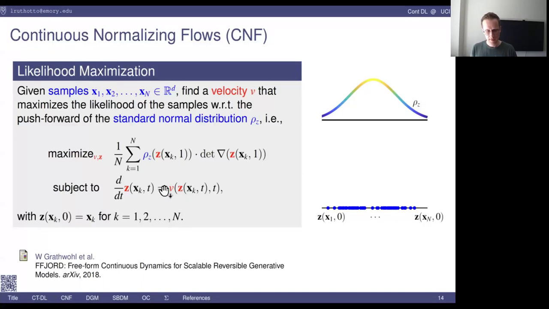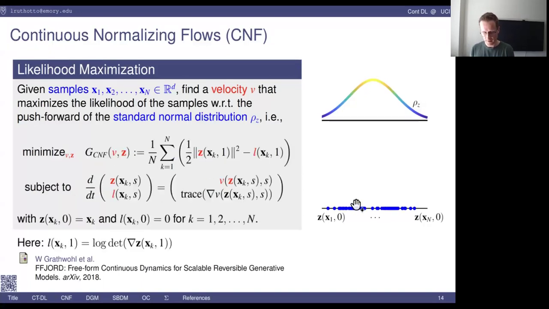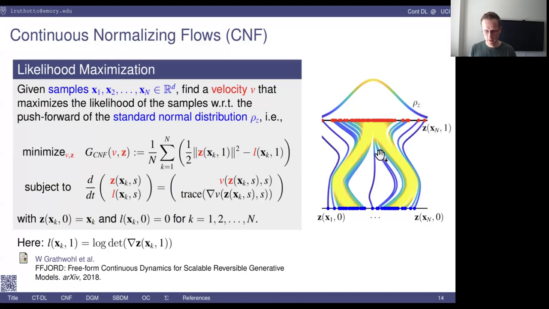Let's show you one. You have your blue dot here, you follow this characteristic curve, and then you map it to the Gaussian, and with the change of variables formula, you can figure out what density you assign.